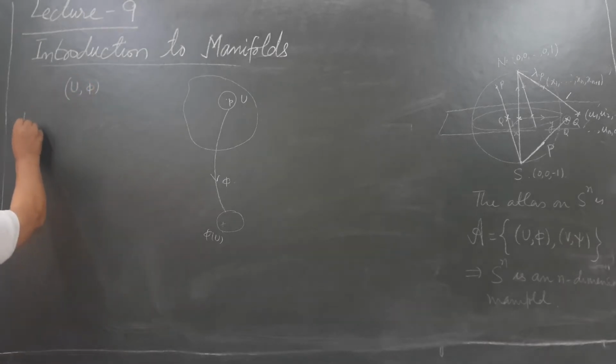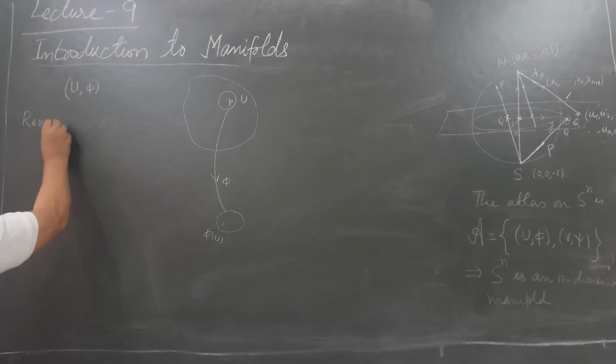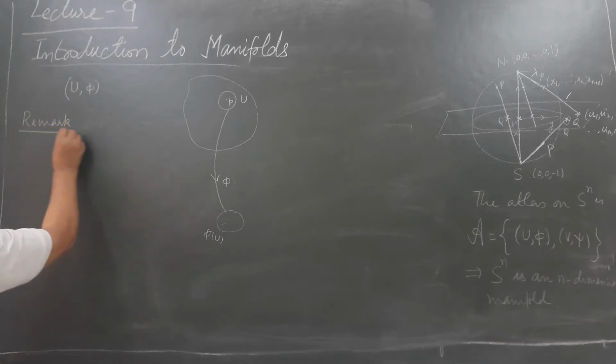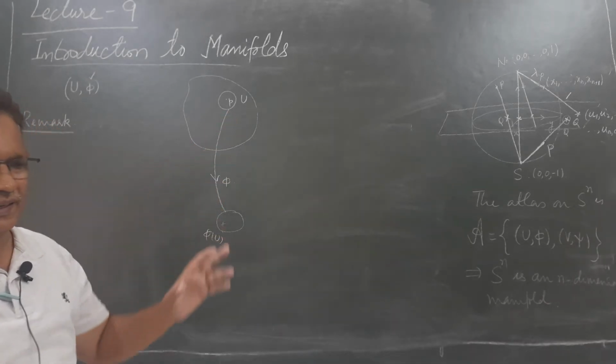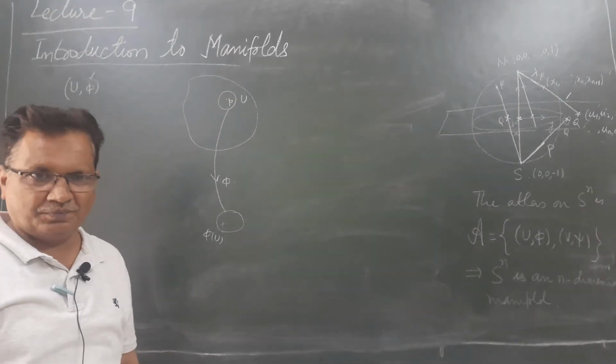The remark over here is that by virtue of the homeomorphism on U, the neighborhood U gets a coordinate system.